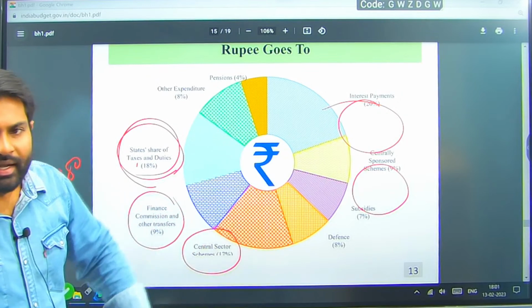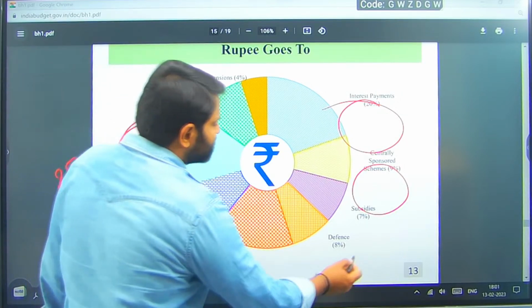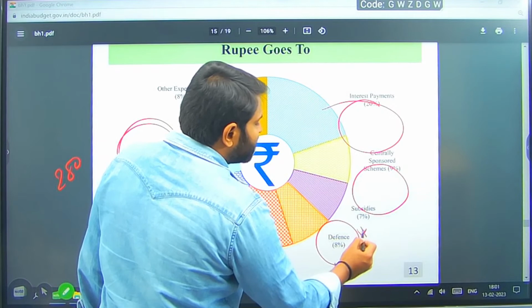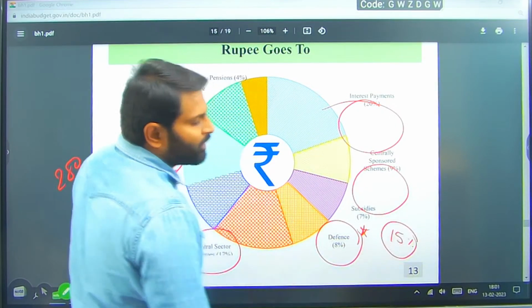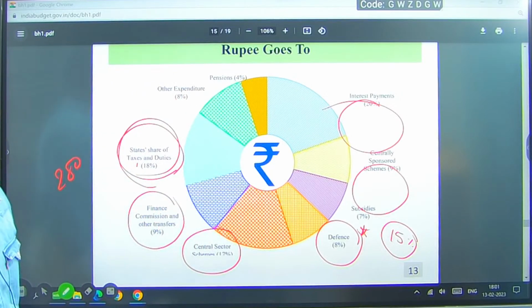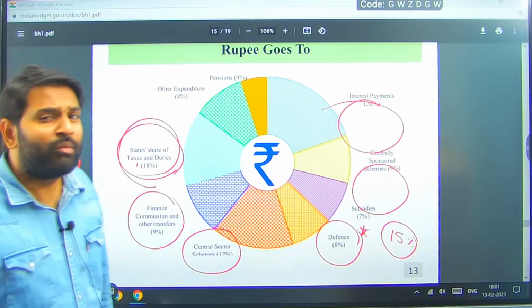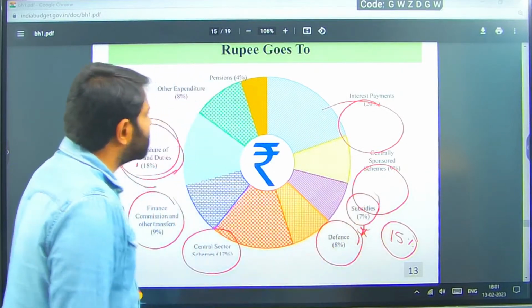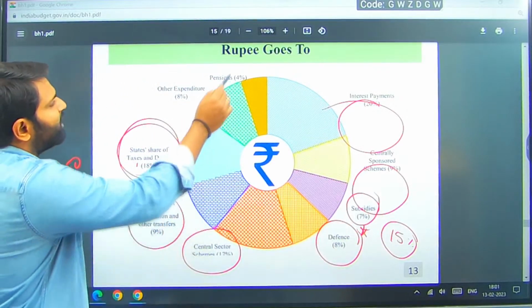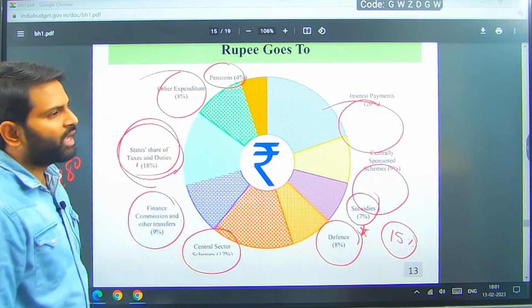And defense, 8% is going for defense. Normally in developed countries it would be around 15%. People will increase their defense if they are developed countries because they have more assets, they have to protect better. And subsidies 7%, and you can see pensions is 4, other expenditure is 8%.